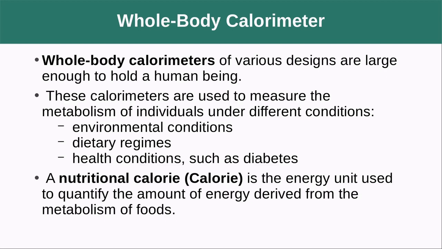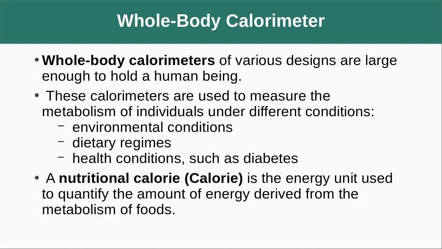Another example of a calorimeter is a whole body calorimeter. It's like a giant calorimeter that they put people in and basically measure how much energy is coming off of them, given how much food they ate. And in this sense, they come up with a value that's known as the nutritional calories.